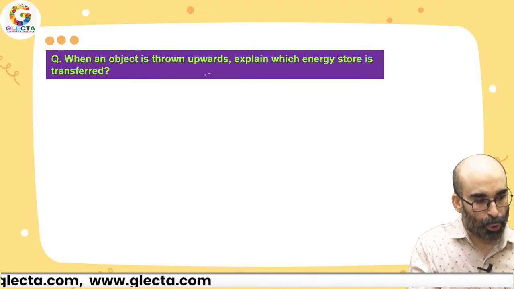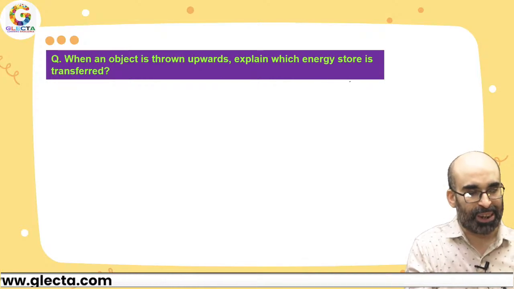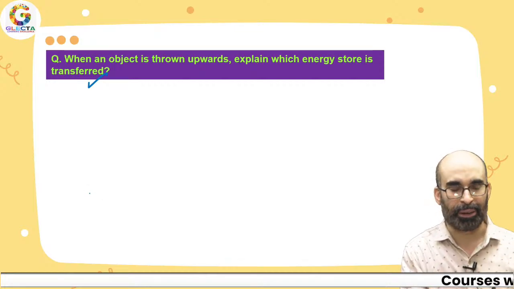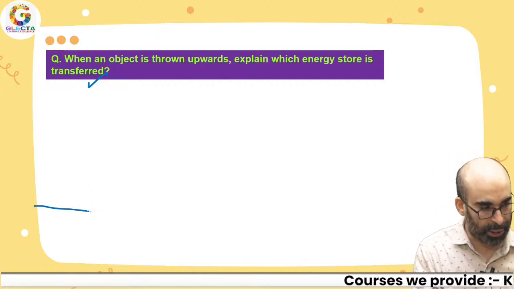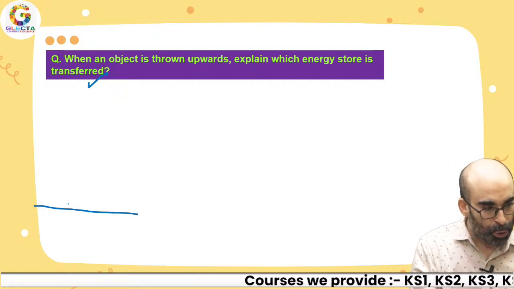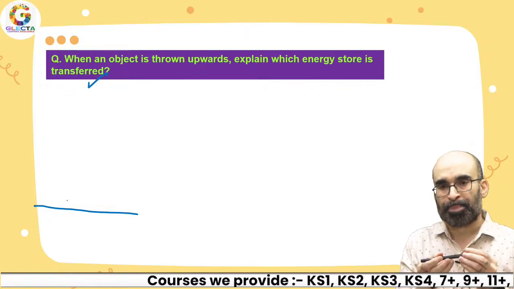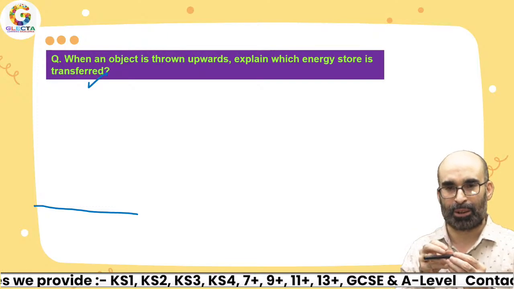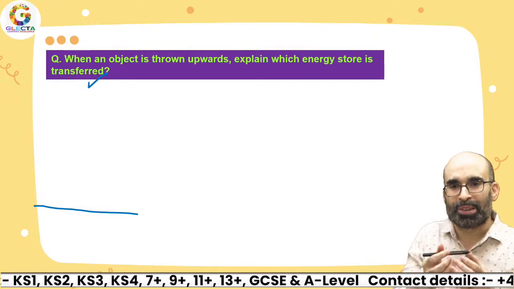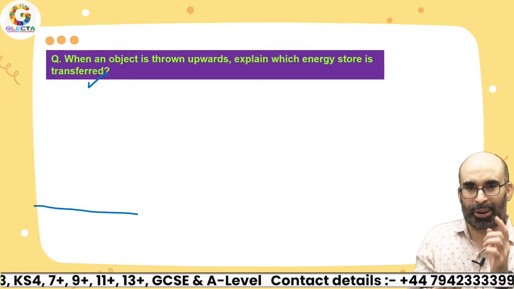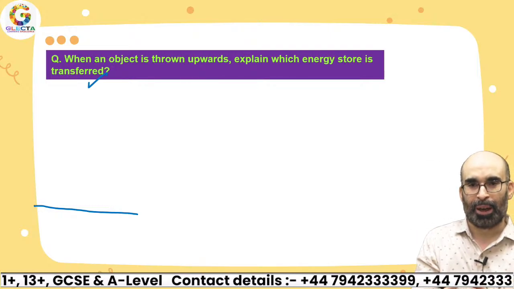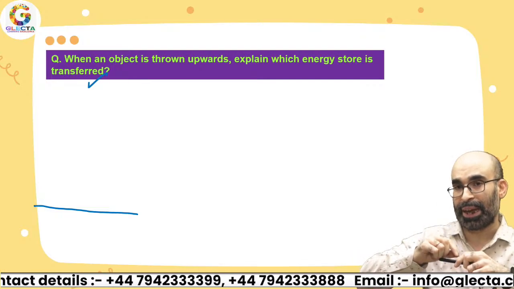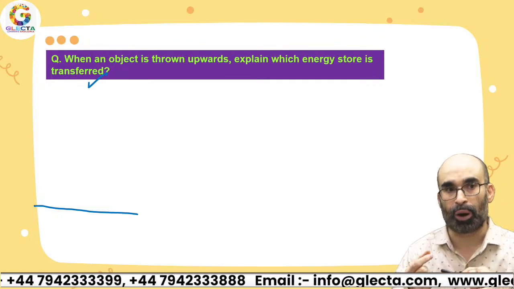Right? Okay. Now, let's talk about this. When an object is thrown upwards, explain which energy store is transferred. So it's very easy. I want your understanding. When you throw an object, you need to provide some velocity to it, some speed to it. I'm throwing it upward. When I'm throwing it, I'm giving some velocity. So initially it had a kinetic energy store.